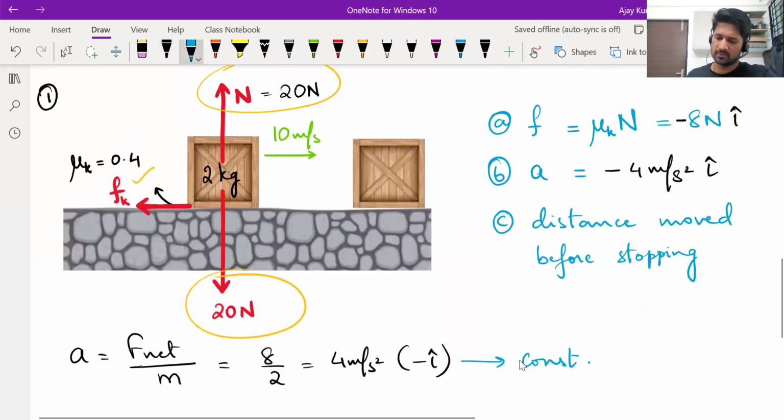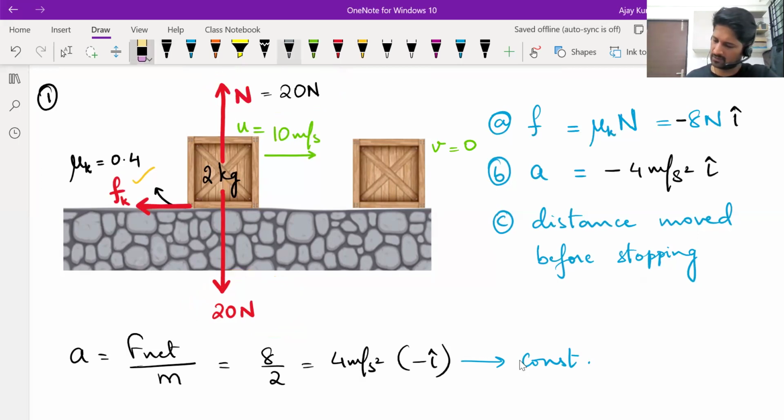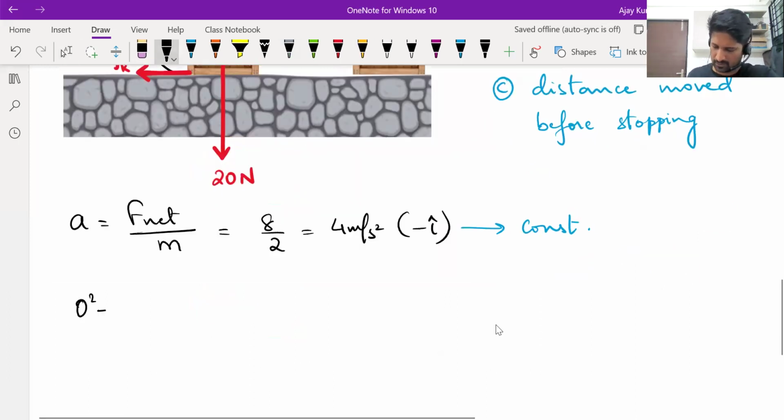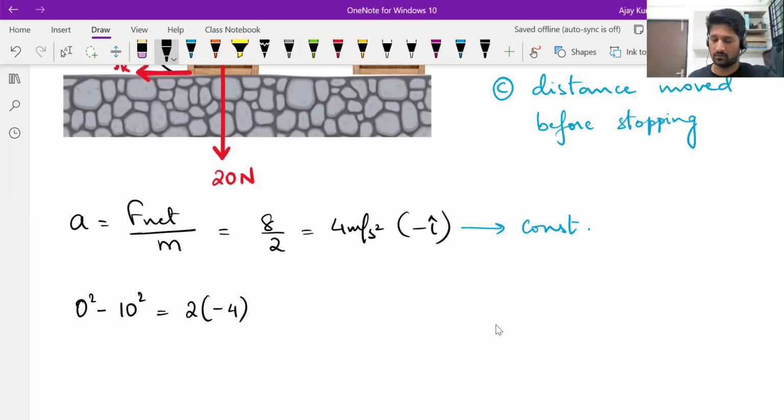Now when it stops, what is the final velocity of the block? 0, sir. Initial velocity is 10 meter per second, final velocity becomes 0. That distance is what we need to calculate. Okay, as you said, v square minus u square is equal to 2as can be used. V square minus u square is 0 minus 100. Acceleration must be taken minus 4, otherwise you will get this answer wrong. So you get minus 100 is equal to minus 8s.